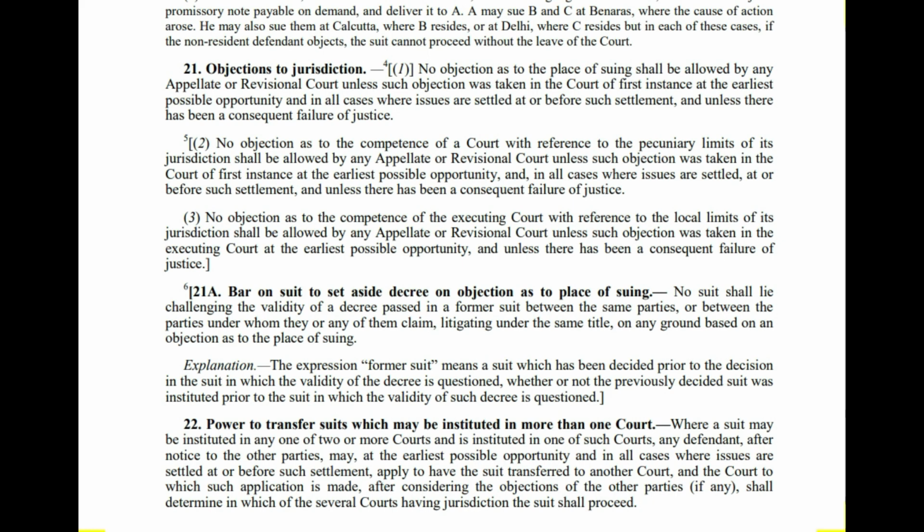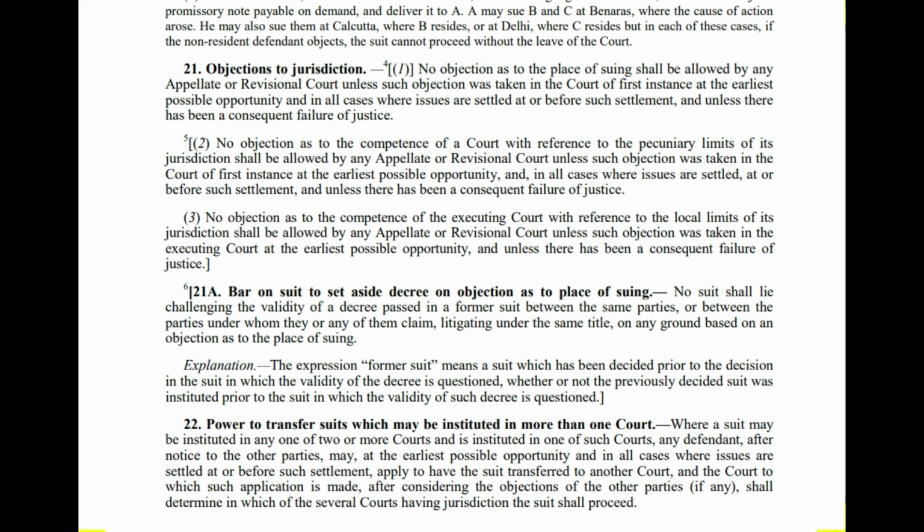Now let us move to 21 subsection 2, which is with respect to the pecuniary jurisdiction of courts. If a court has got no pecuniary jurisdiction to entertain the case, that objection should be raised in the first instance. That is very important. At the earliest possible opportunity and in all cases where issues are settled, at or before such settlement.